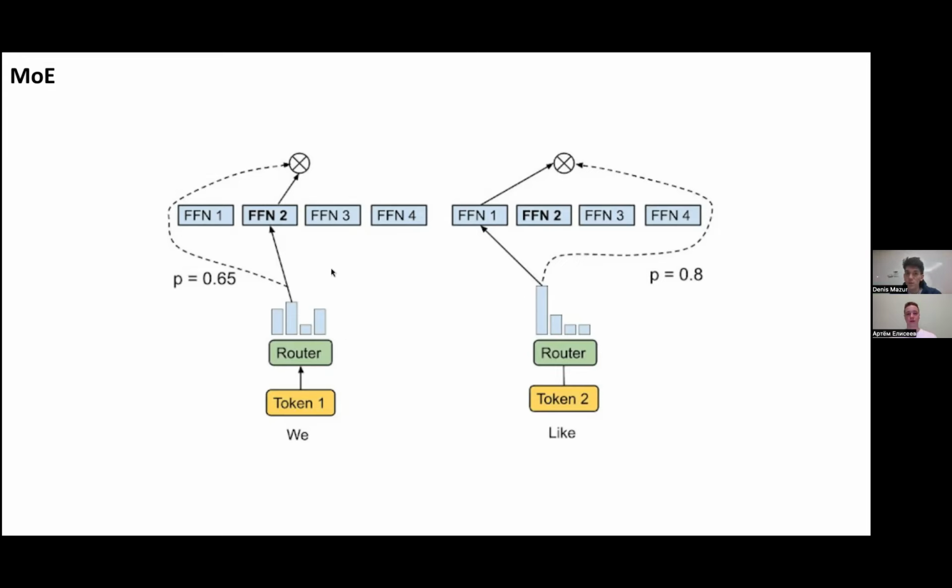Your inference becomes much cheaper, but the model can basically store the same amount of information. Here on the slide, you can see an example. First, the router sees the token "we" and chooses the second expert with probability 0.65, and then it sees the "like" token and chooses a different expert with a different probability.